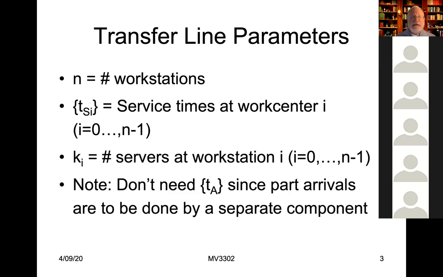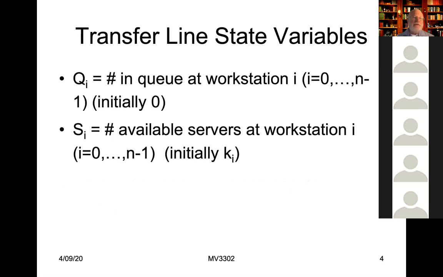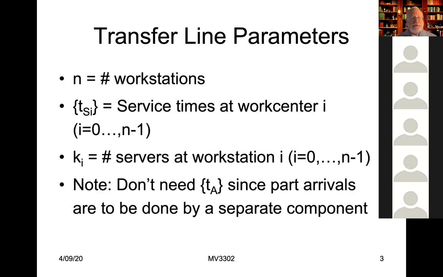Okay, so the state variables are the same. Again, just with the parameters, we have n workstations. The service times at each work center and the number of servers at each workstation are going to be slightly different. And in the second bullet, I called it a work center, and the third one I called it a workstation.